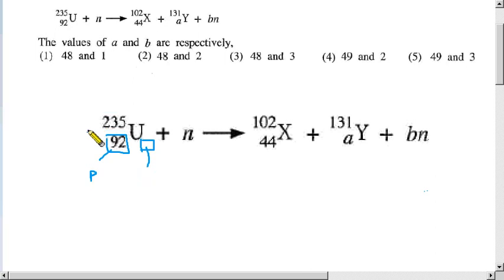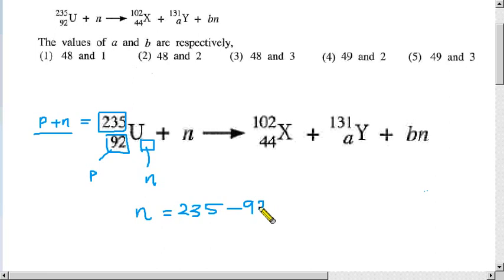So this is how to denote these elements: proton plus neutron number. They have left this place empty, because if we know the sum, we can subtract the number of protons and get the number of neutrons. So the number of neutrons here is 235 minus the number of protons, 92.